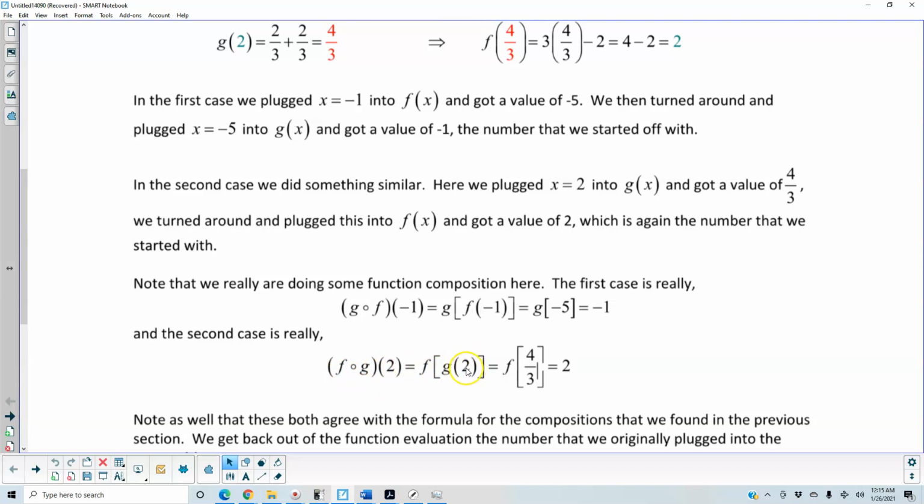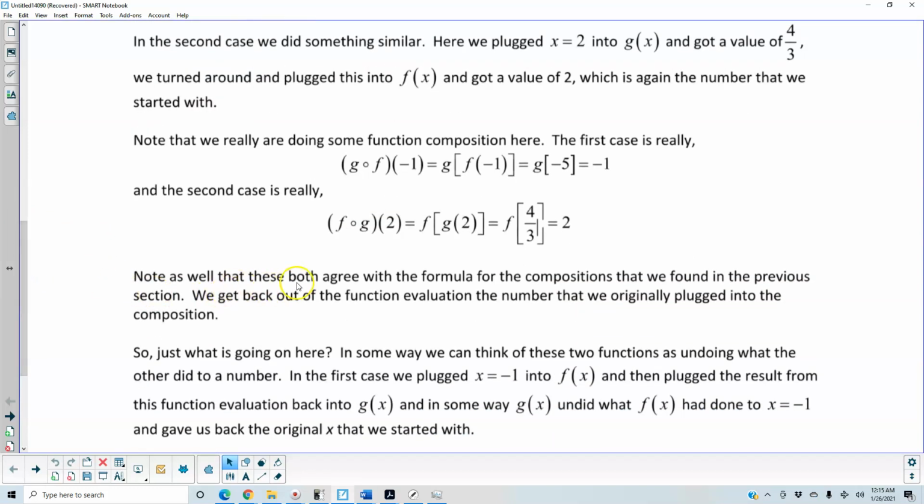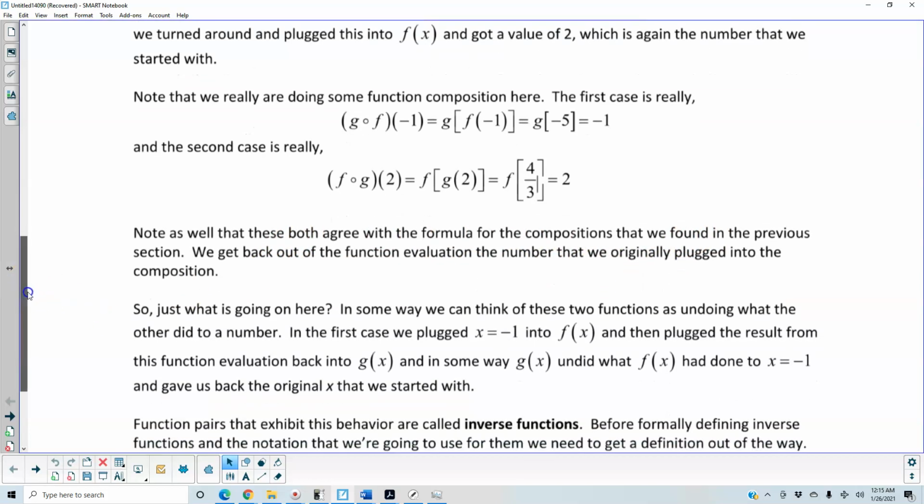We plugged the value of 2 into the function g, and we got 4/3. And then we plugged 4/3 into the function f, and we got 2. Note as well that these both agree with the formula for the compositions that we found in the previous section. We get back out of the function evaluation the number that we originally plugged into the composition.